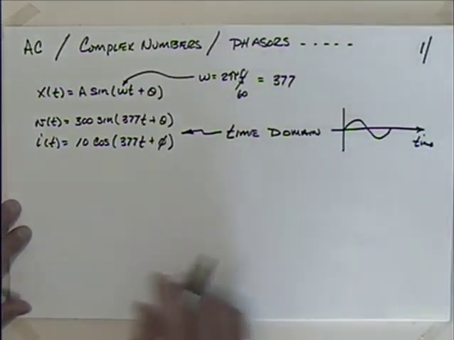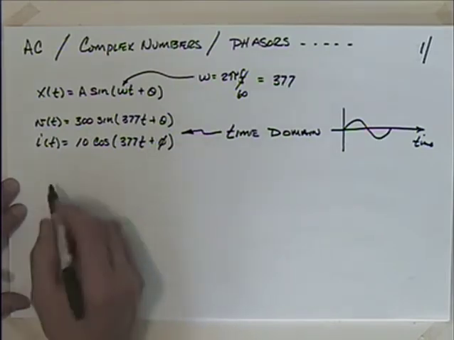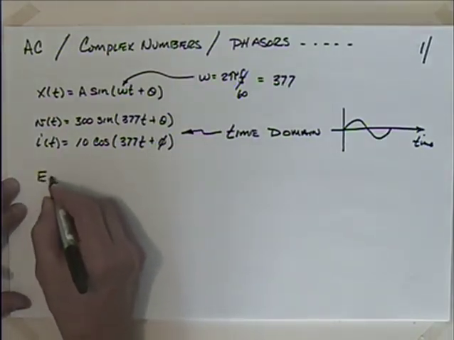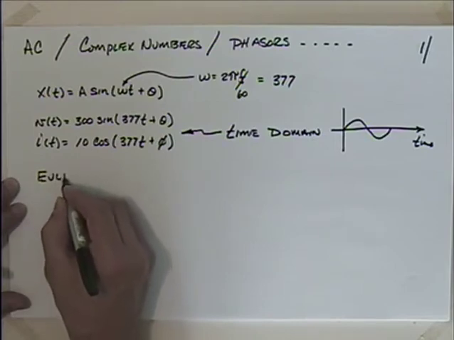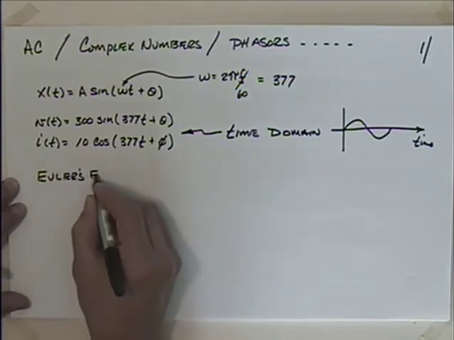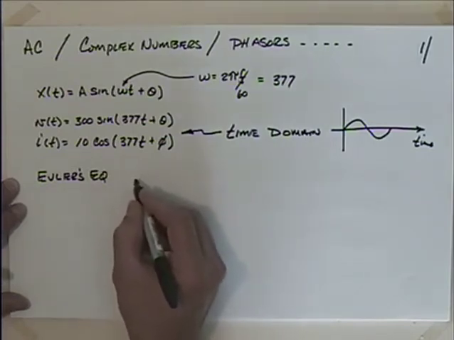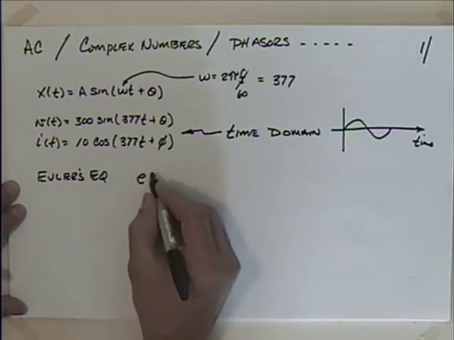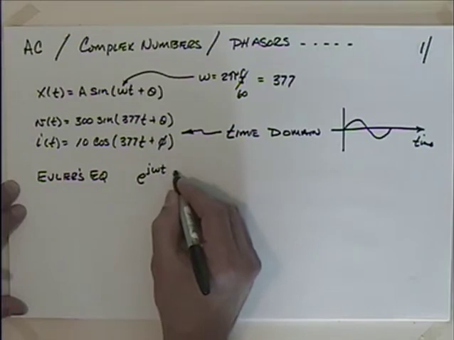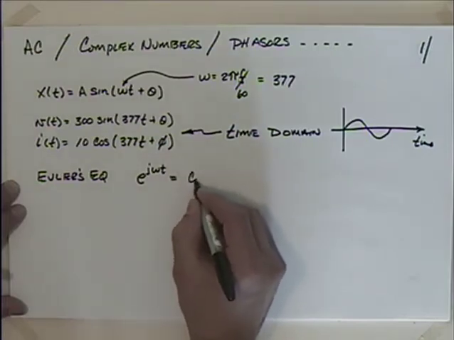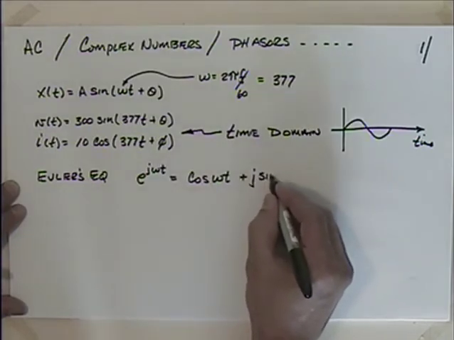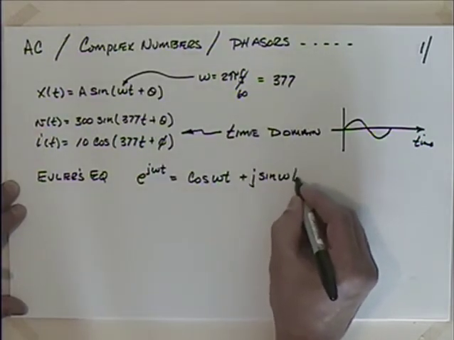What we want to do is use complex numbers. We want to use Euler's Equation. And Euler's Equation, which is spelled with an E, is that e, the base of the natural logarithm, taken to the j omega t, is equal to the cosine of omega t plus j times the sine of omega t.